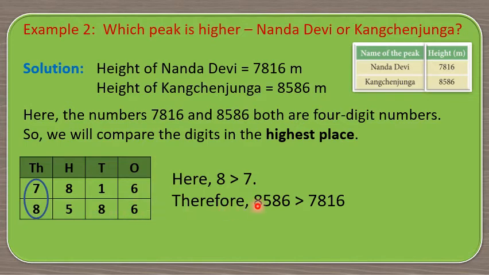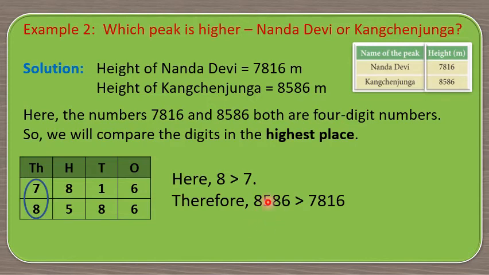Therefore, 8586 is greater than 7816. So now, after comparing these numbers, the final statement we have to write is the number.